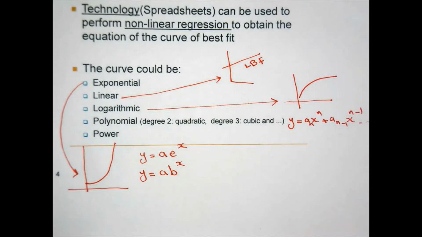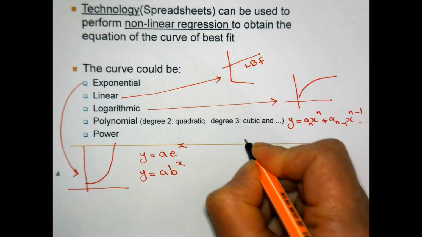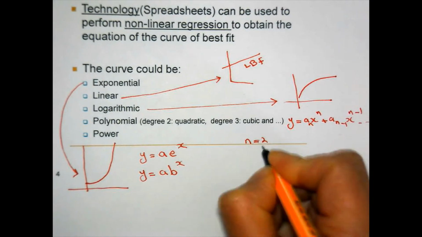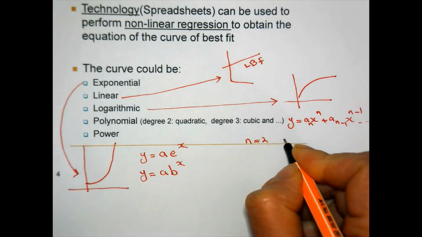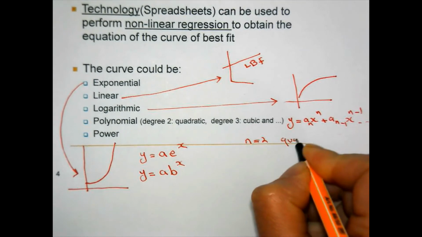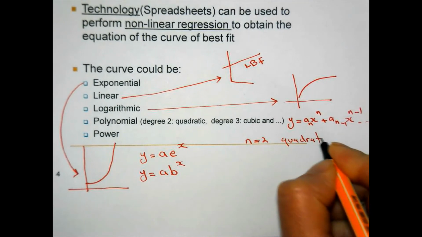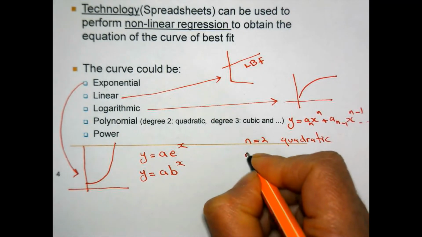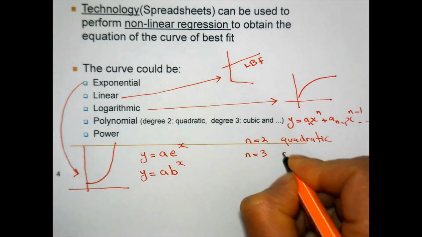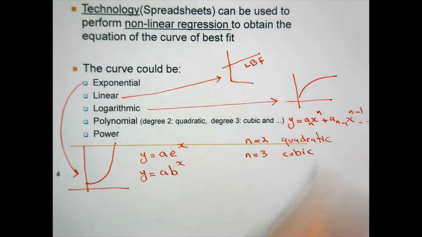It's going to be in the form of a polynomial. If your n is 2, meaning the highest degree of x is 2, you are doing a quadratic model, similar to what we did in the example. If your n is 3, the model that fits your data is going to be a cubic model, and so on and so forth.